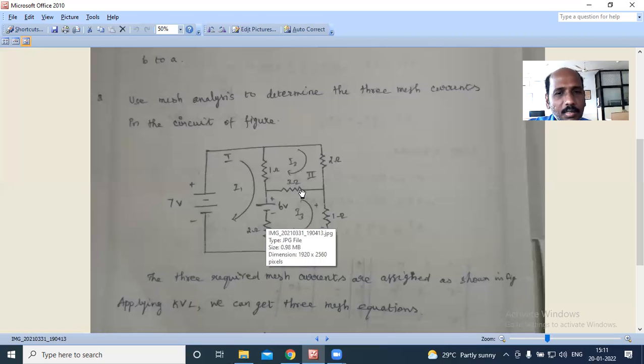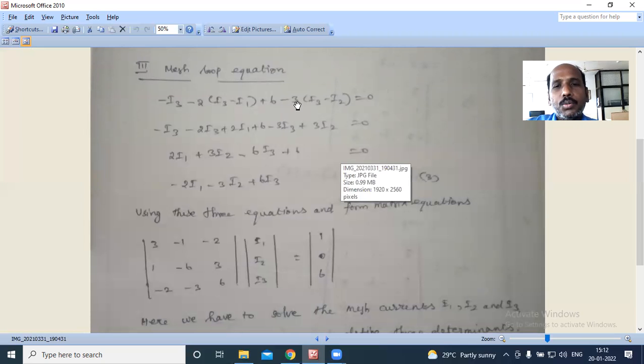Here I2 and I3 are flowing in opposite directions. So -3 into I3 minus I2. Why am I giving -3? Since it is a resistor, blindly I can give -3. So -3 into the other two currents, I3 minus I2, since I am writing the equation with respect to mesh 3. That is equal to 0.